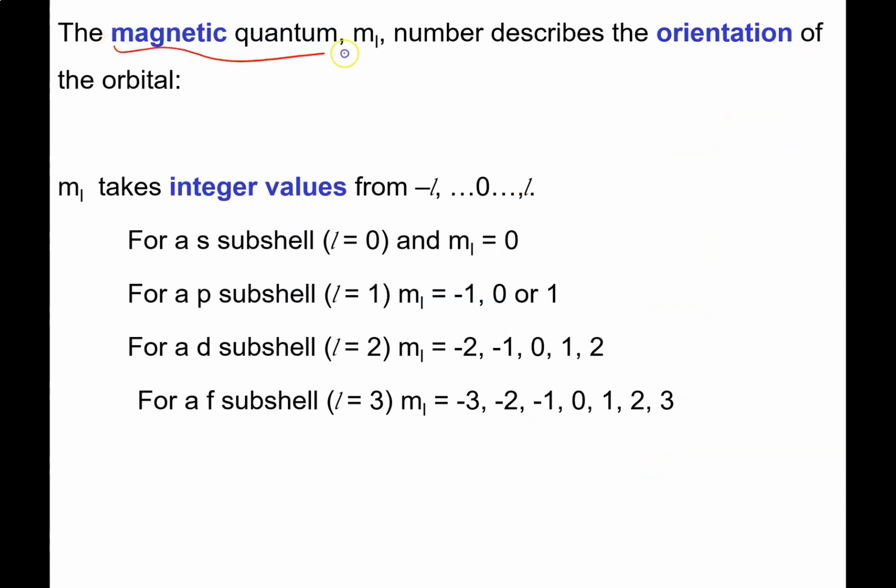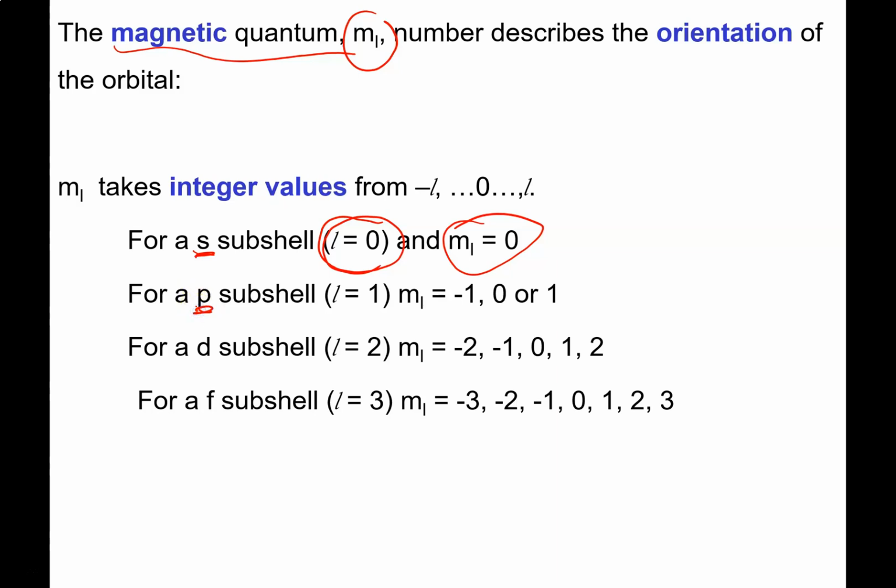The magnetic quantum number, ml, describes the orientation of the orbital in space, so how it is directed with respect to the x, y, and z values. Depending on the value of L, you can have multiple values of ml. For an S subshell, there's only one possible orientation.